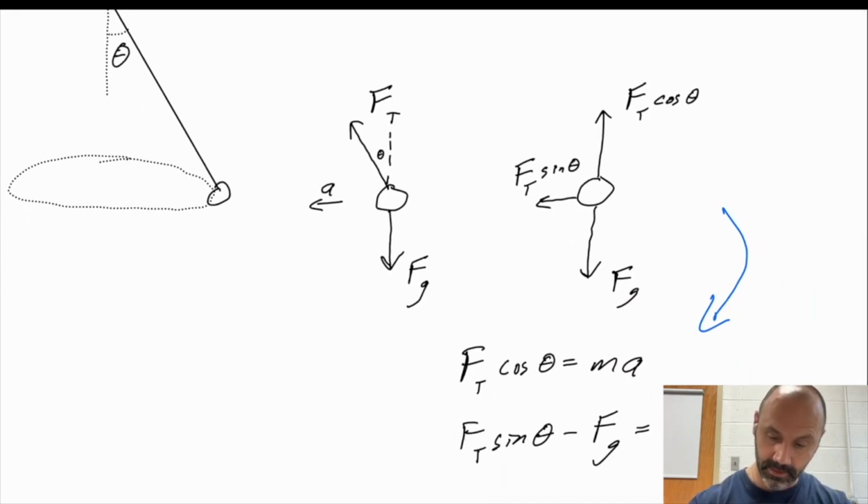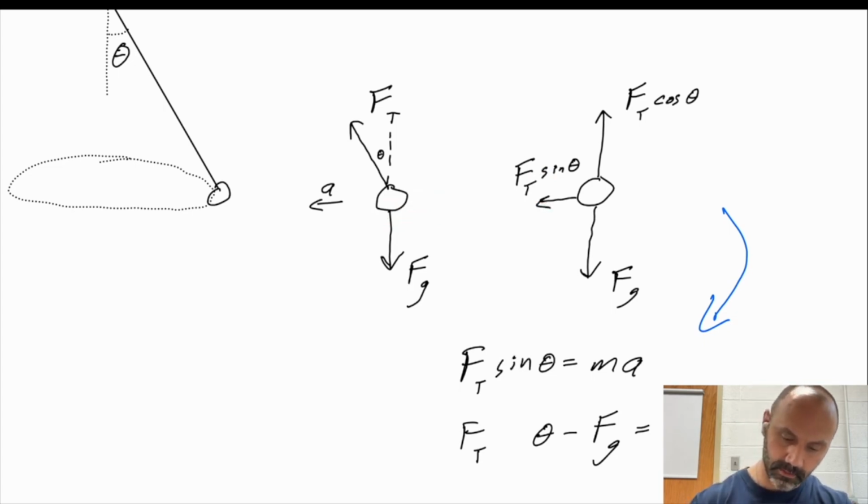Now, once I fix sine and cosine, I just write Newton's second law horizontal and vertical. Newton's second law parallel to the acceleration: that's FT sine theta.